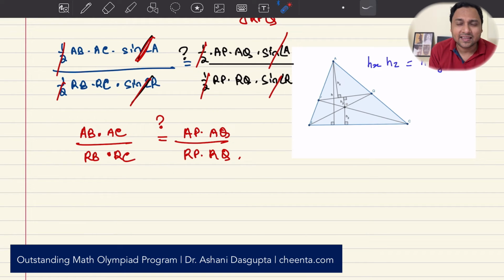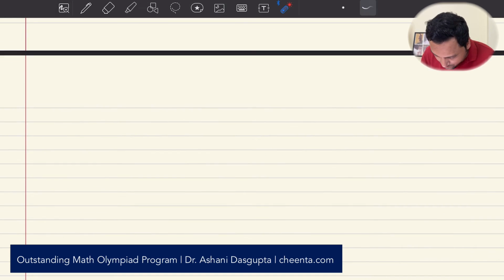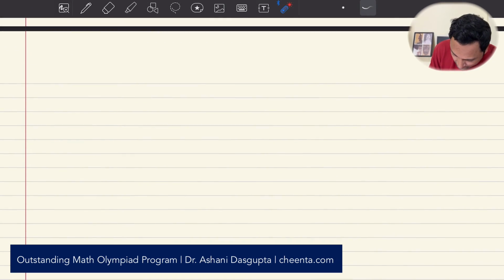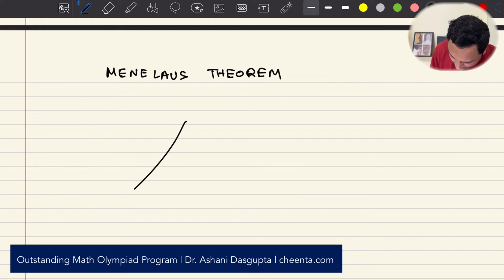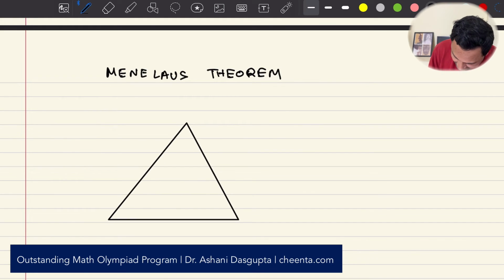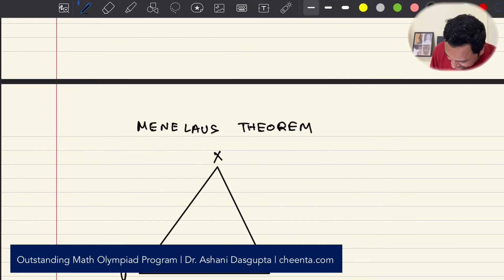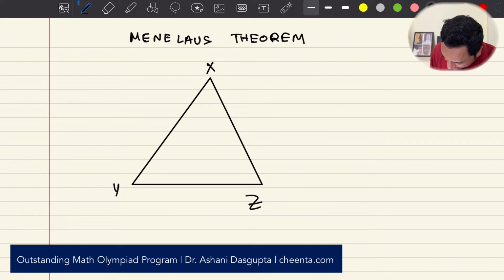Now comes the final thing. It's the Menelaus theorem. So if you know what the Menelaus theorem is, let me write it down. I'll remind you. So this is the Menelaus theorem. What it essentially says is that if you have a triangle, let's say X, Y, Z, let's extend one of the sides like this, and let's draw a transversal.